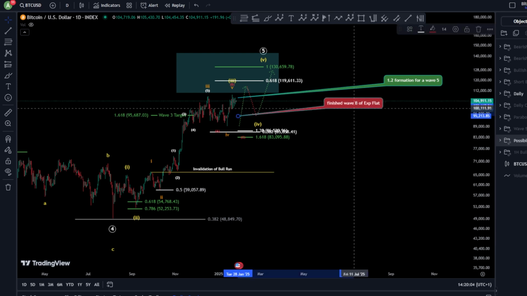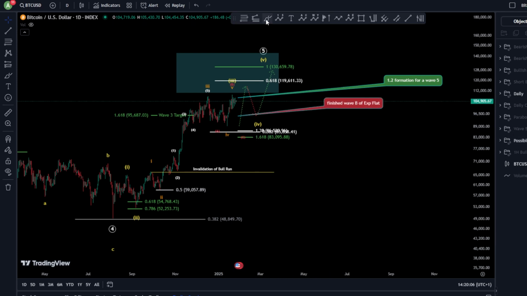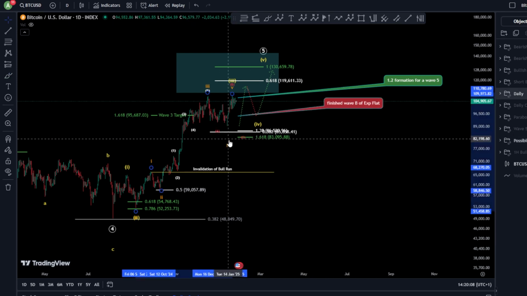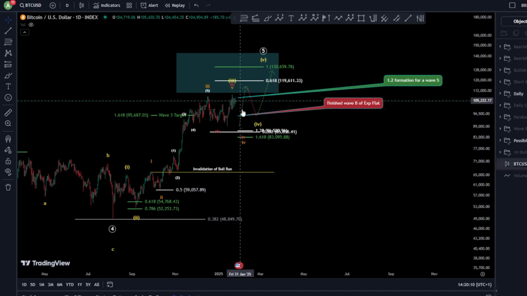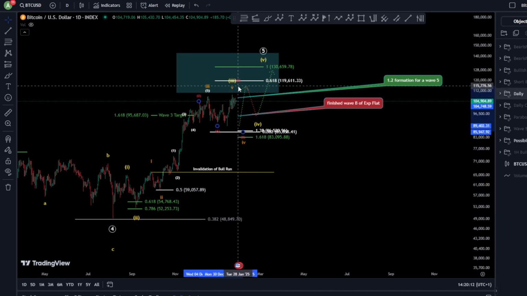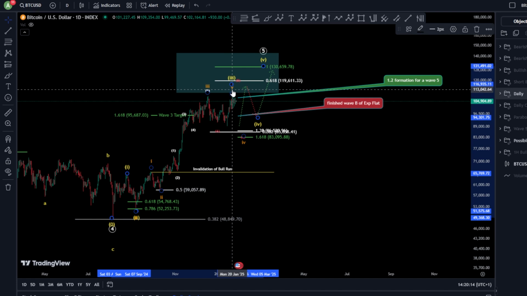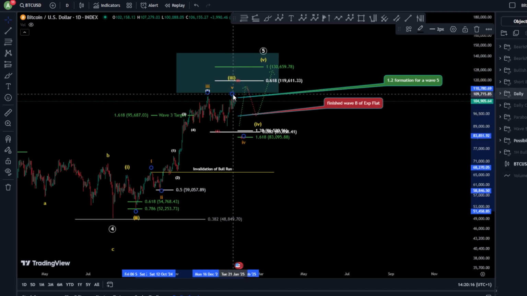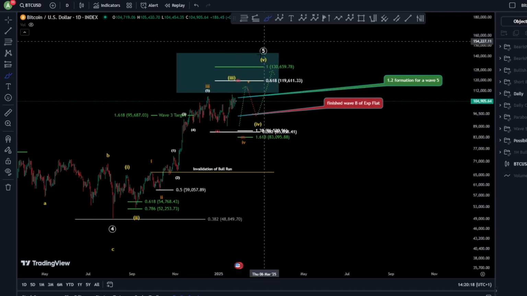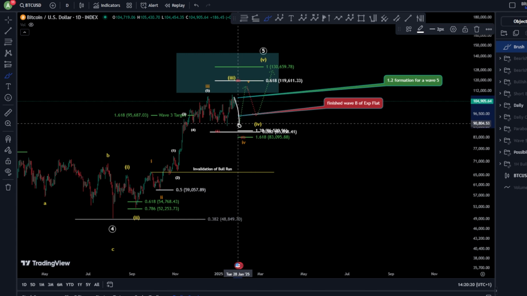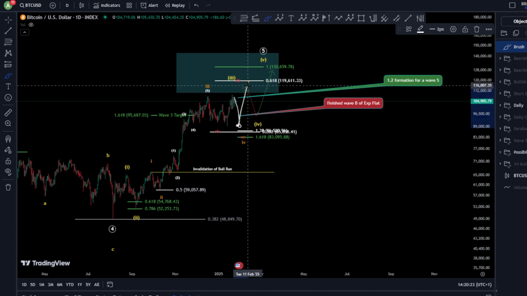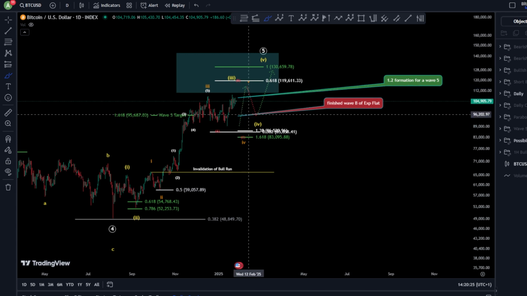In the case that we have a finished wave B, we're still looking for a wave 4 to be done, and then looking for a wave 5 again for higher prices. That means a little bit lower price first, getting to this area, and then getting high again for a wave 5.